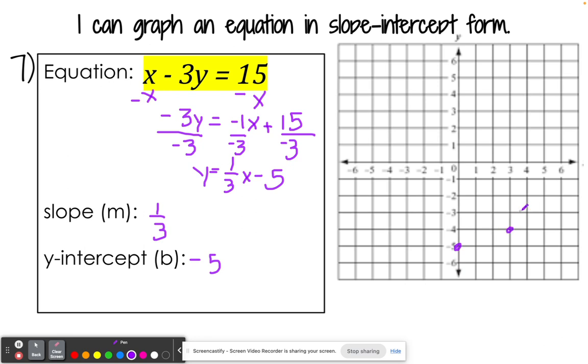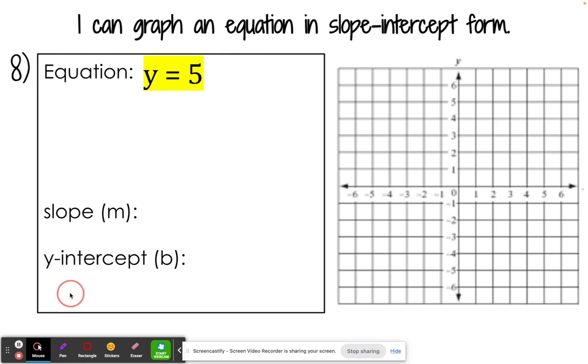Rise 1, run 1, 2, 3. I have a positive slope this time. It's pretty flat.